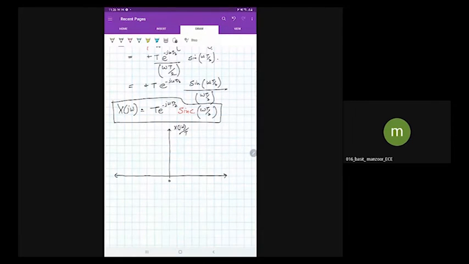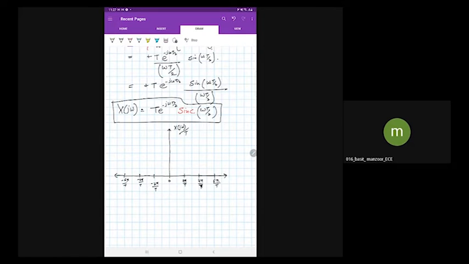Say for example you have 2 pi by t as one point, 4 pi by t, then 6 pi by t. Similarly, you have minus 2 pi by t, minus 4 pi by t, and minus 6 pi by t.